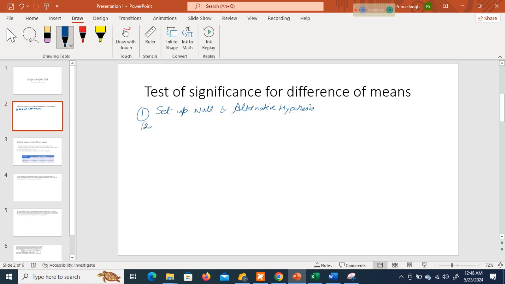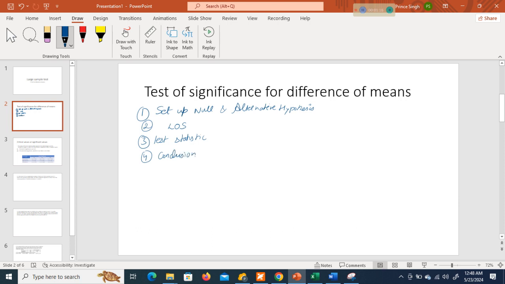Then the second step is to set up the level of significance. The third step is to calculate the test statistic, and the fourth is to compare this value and, on the basis of that, draw the conclusion, right?